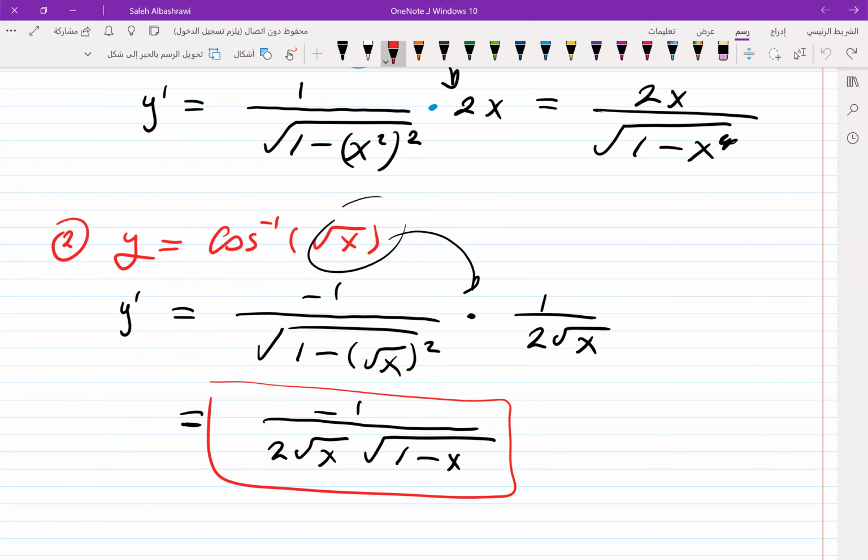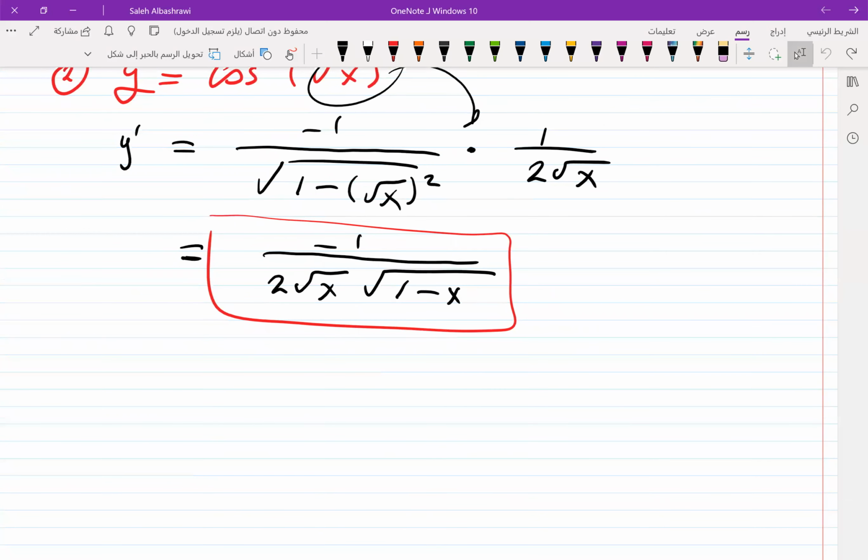One more. Number 3. Y equal to tan inverse of x to the power 3.